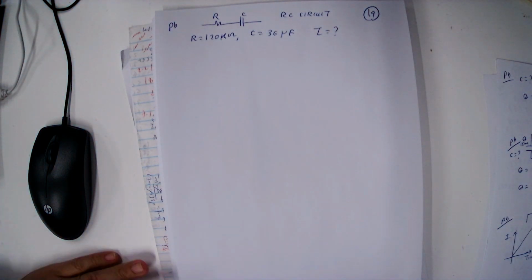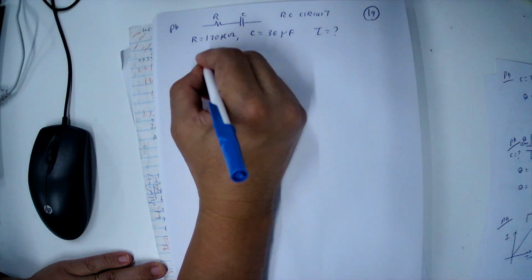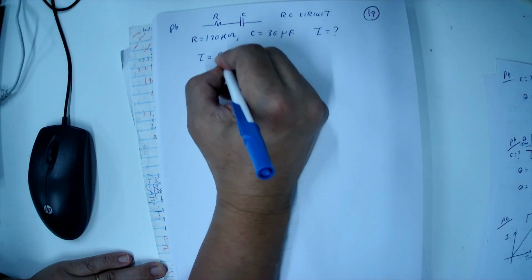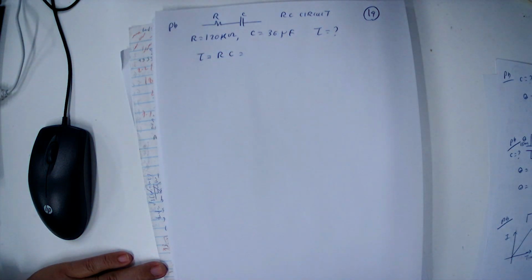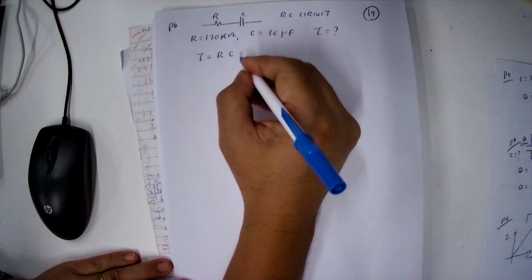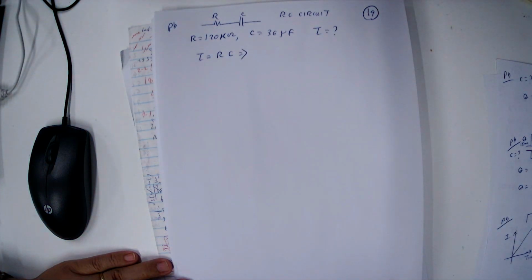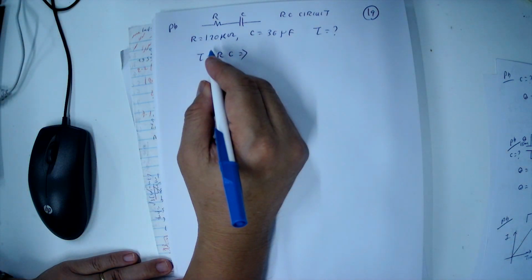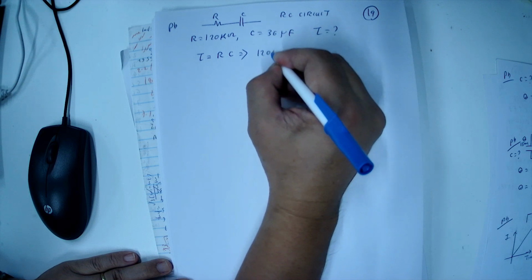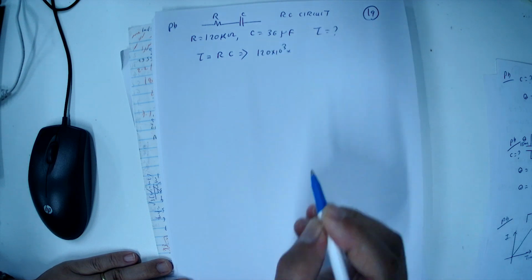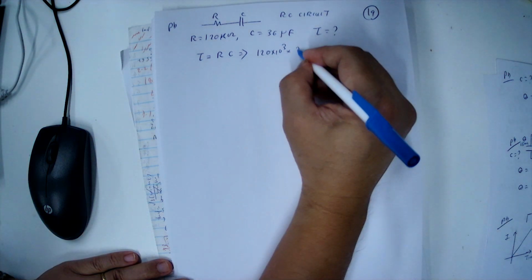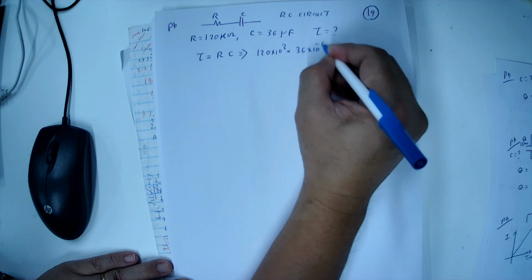So we write down the equation. Time constant tau equal to resistance multiplied by capacitance. Tau equal to RC. In this case, we substitute the value. Resistor is 120 kilo ohm, 120 into 10 power 3. Capacitor is 36 microfarad, 36 multiplied by 10 power minus 6.